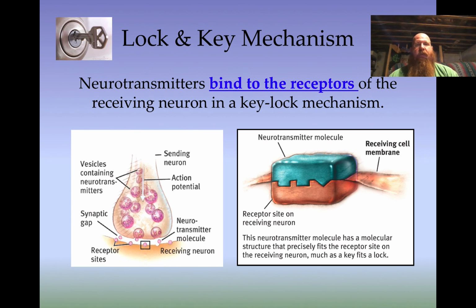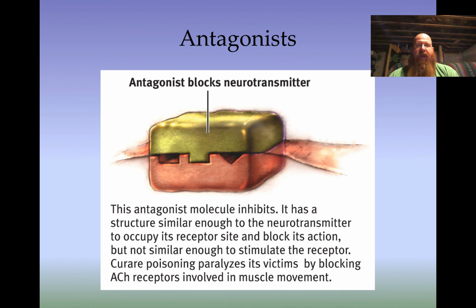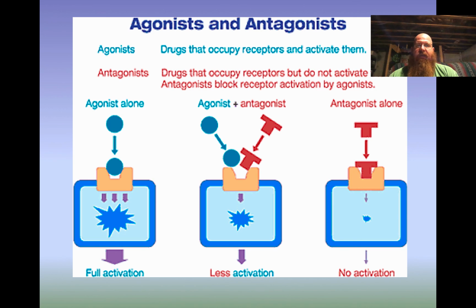We talked about how neurotransmitters bind to the receptors, how they really fit in. This is called a lock and key mechanism because, in order to get into a door, you need the right key. I didn't mention this term, and I don't remember if I put it on your term list, but lock and key mechanism is what that's called.